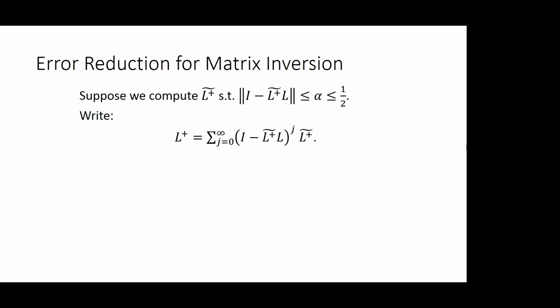So we're assuming everything we're doing is orthogonal to the all ones vector. Here it doesn't quite matter whether you think of I as being orthogonal to the kernel or not, because you have a factor of L pseudo inverse tilde on the outside, which is going to kill the kernel of I anyway.